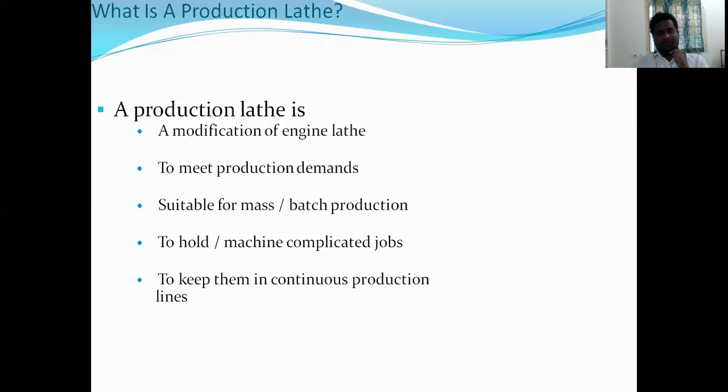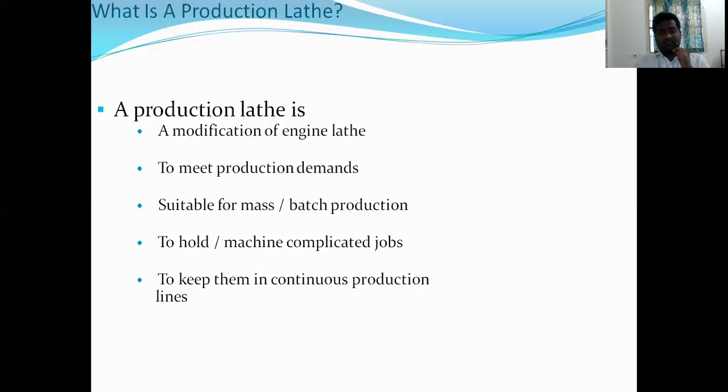In the second product, the diameter is 20 only, but the operations needed on the product are turning, drilling, boring, and reaming. So for the first and second product the operations are the same, but the product sizes are not the same. So it is called batch production.